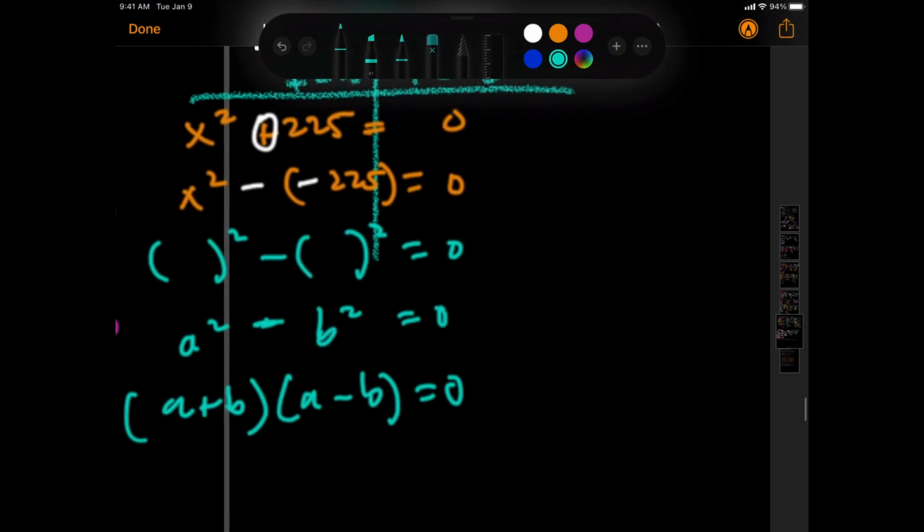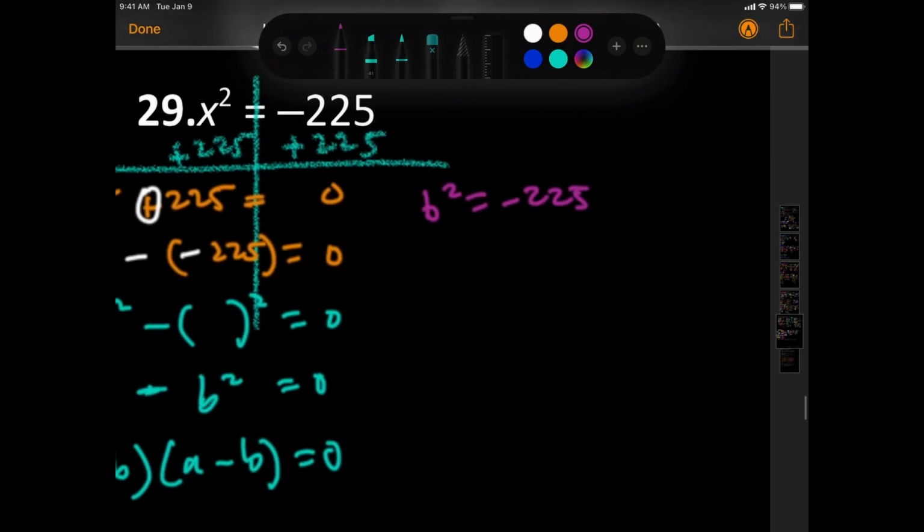So I guess you can call it b squared equals negative 225. And you're going to take the square root of both sides. Try to make this clear: every time you take the square root, you must have the plus or minus.